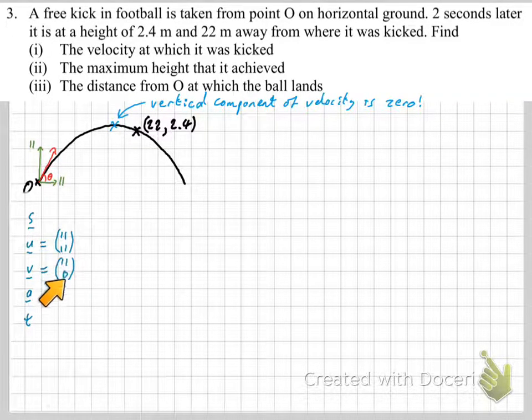You could put blank, because crucially it's the 0 there that we're interested in. But as we know, the horizontal component of velocity doesn't change, because the only force acting on the particle is gravity, which pulls down, which is perfectly perpendicular to the horizontal direction. It can't change its horizontal speed in this model. So just put 11 there.